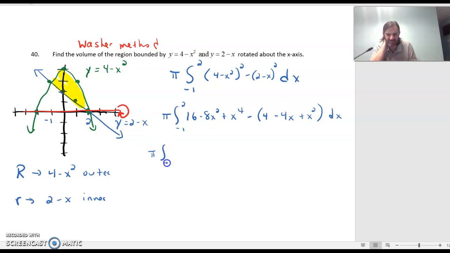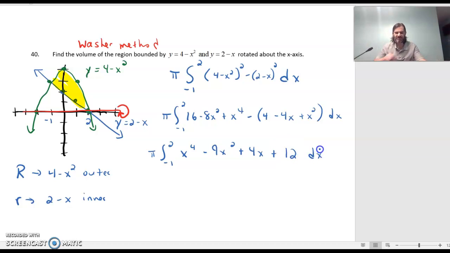So pi from -1 to 2. There's an x to the 4th. There's no x cubed. For x squareds, there's a -8x squared and a -x squared, so that's minus 9x squared. There is a single x term, which will be a positive 4x. And then 16 minus 4 will be a plus 12.